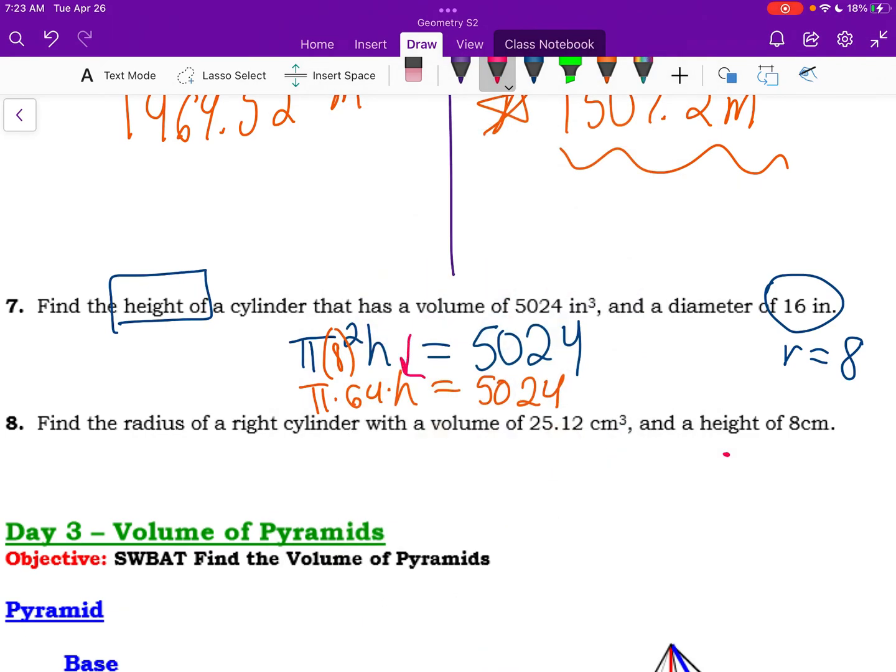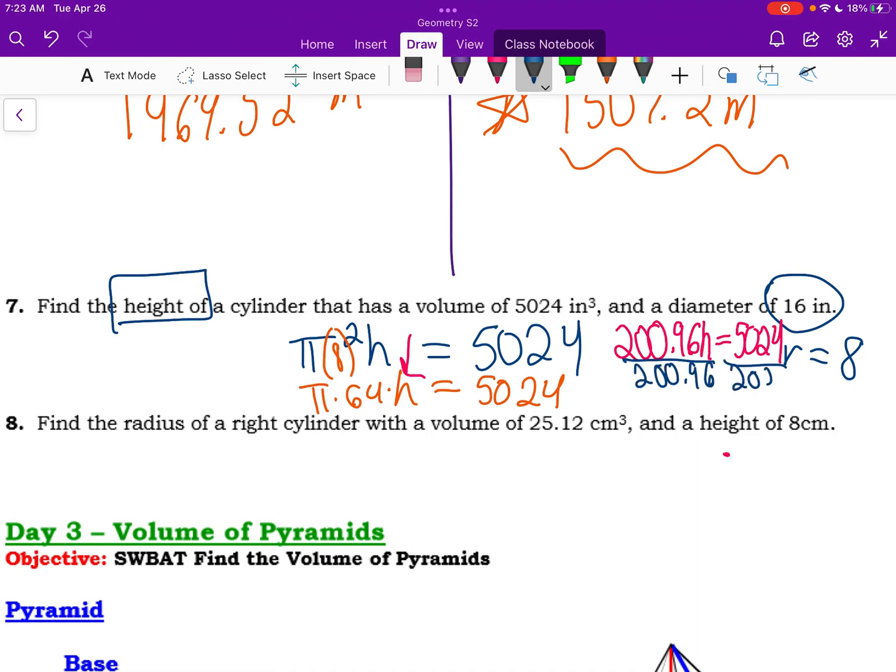So what do I need to do? I need to isolate that h. So I got to multiply the pi times 64. So 64 times 3.14 is 200.96 h equals 5,024. There we go. Then opposite of multiplying, dividing.